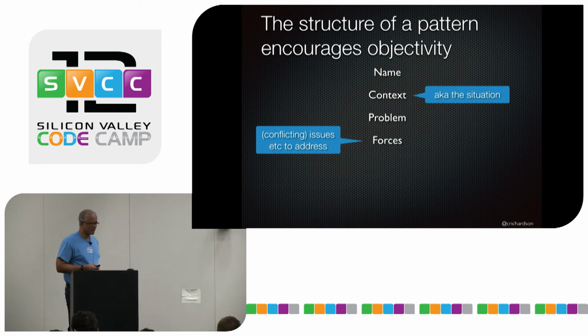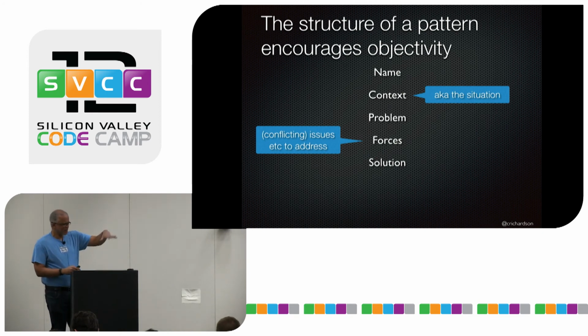In the case of the microservice architecture, the context is that we're building a big application. The forces are that developers need to deliver quickly, among other things. And the solution is to structure your application as a set of services.